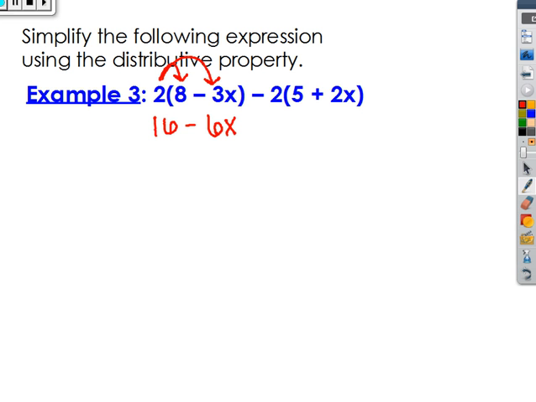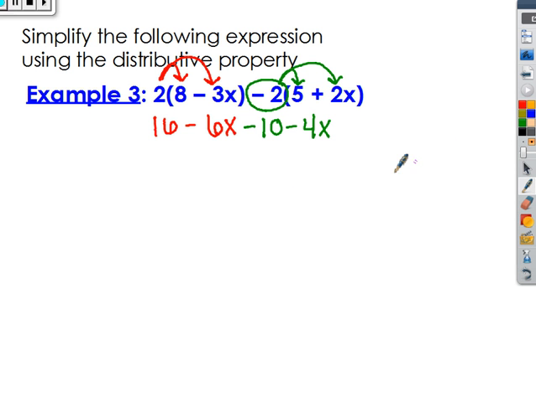There's also more multiplication right here. This negative 2. It's being multiplied to 5, which gives me negative 10, and to 2x, which gives me negative 4x. Now, instead of the minus signs, if you wanted to make those plus negative, you could do that as well. So I did parentheses, exponents, multiplication.